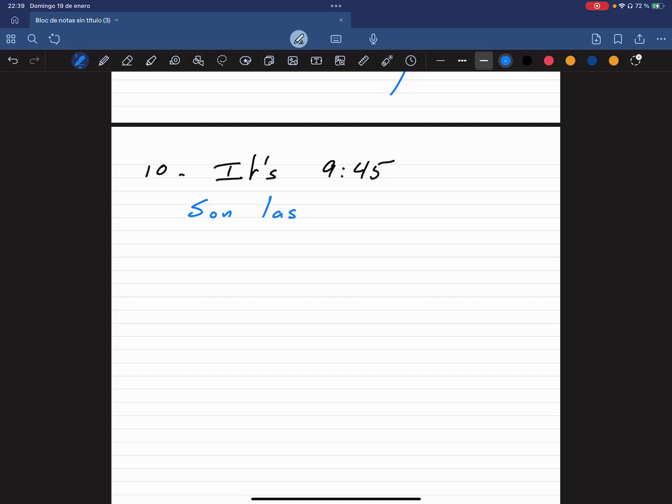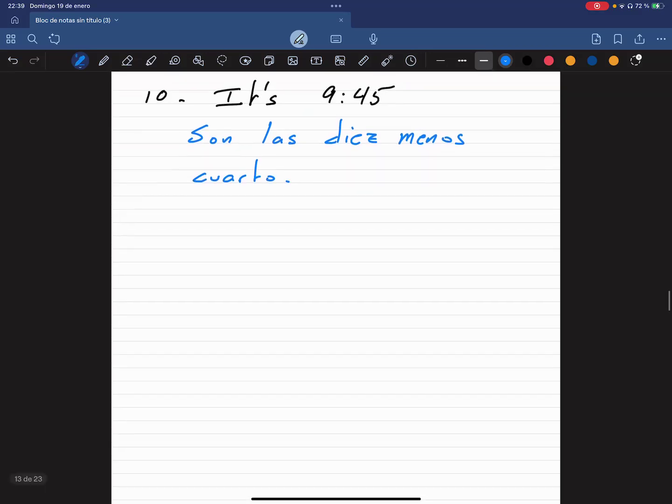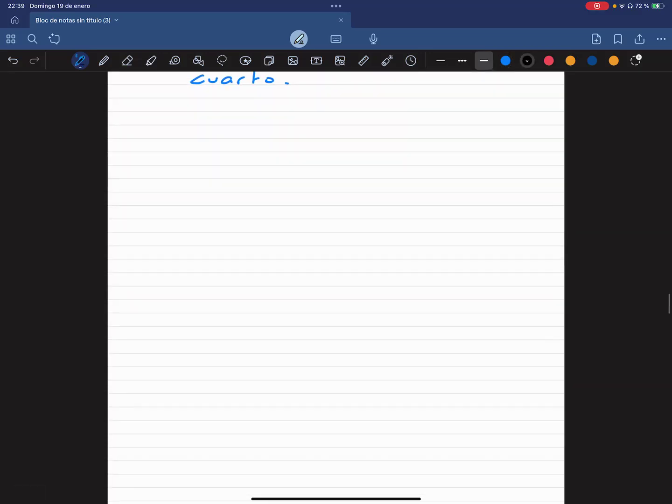It's 9:45. So son las 10. But we are talking about the time left to get to 10. So menos, and then a quarter. Cuarto. Son las 10 menos cuarto. It's 9:45.